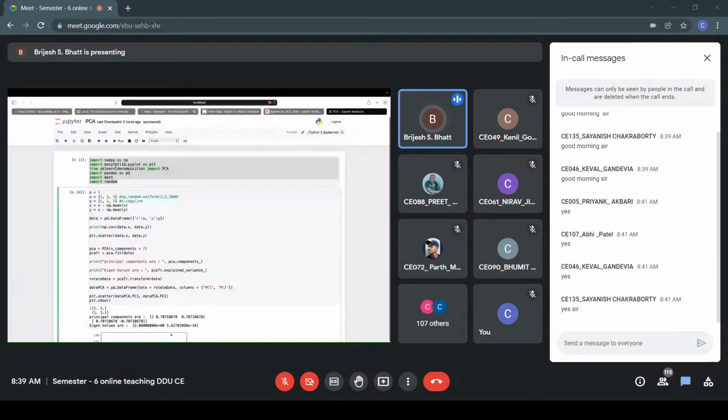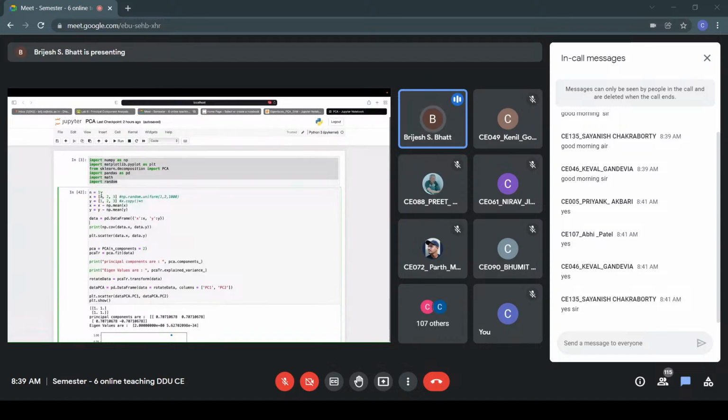So first is the usual imports. Second, NumPy, Matplotlib, sklearn, pandas, math, and random, and then the program.